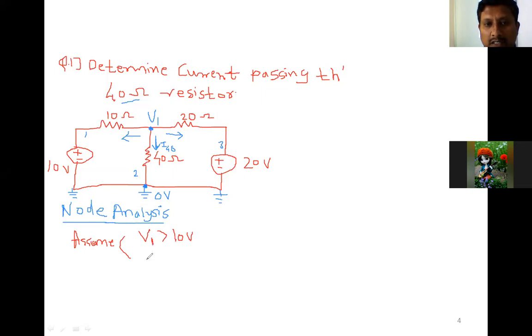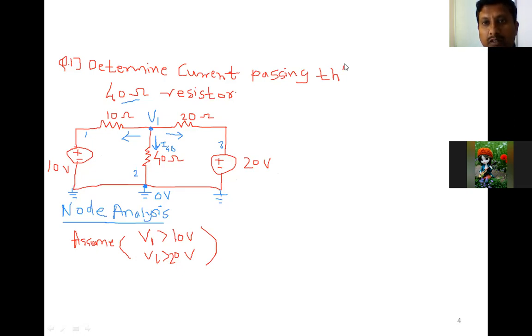Next, for the second branch, V1 is greater than 0 volt. That is not needed actually, because if it is greater than 10, obviously greater than 0 will hold. So instead of that, I will use V1 is greater than 20 for this branch. So these 2 assumptions we can take: V1 is greater than 10, or you can generally write V1 is greater than 20. But for branch-wise, you can mention V1 is also greater than 0. Then these directions will be correct.